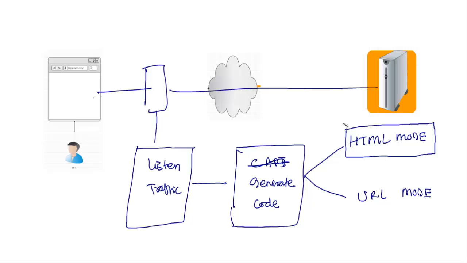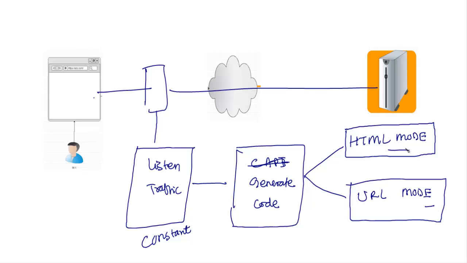In this video, my goal is to explain this HTML mode and URL mode, and give you an idea of how they differ. But remember that the traffic that is listened to is constant. What we can do is regenerate the script in URL mode.